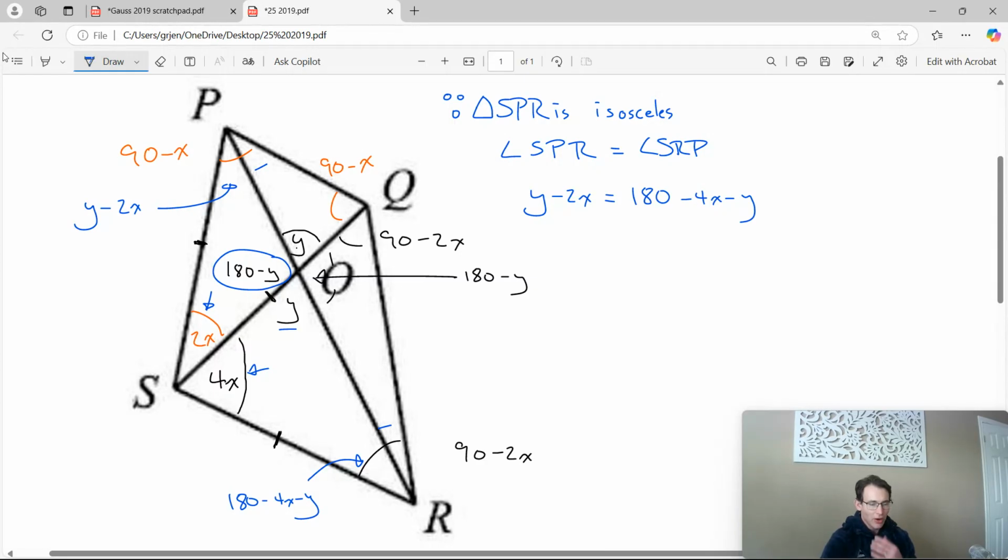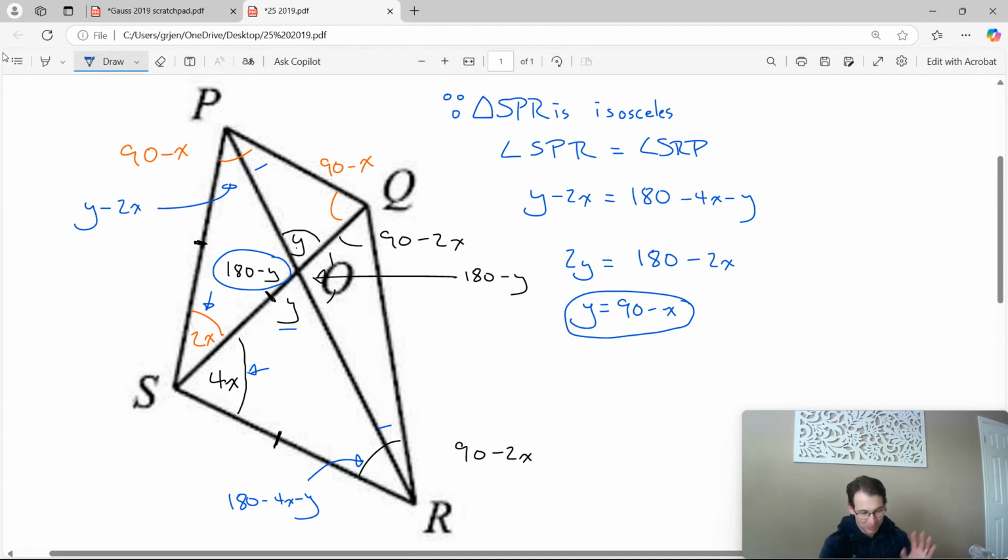All right, now we are going to solve this for y. So let's add y to both sides and add 2x to both sides. So we get 2y is equal to 180 minus 2x. And then we divide both sides by 2. So we get y is equal to 90 minus x. Cool.